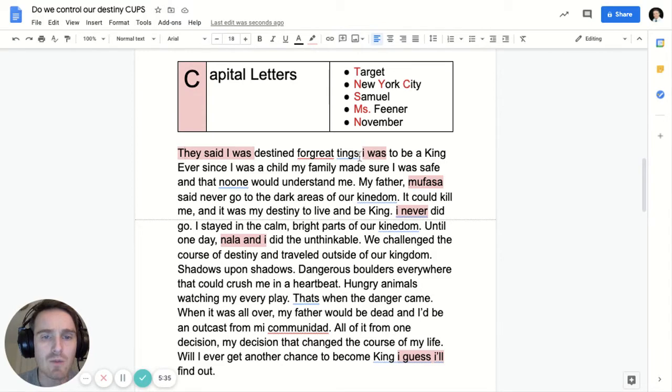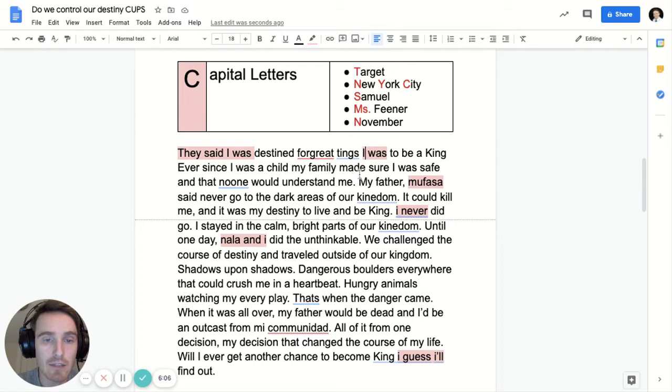Since we're only talking about capital letters here, I did highlight this because when you see the word I, it has to be a capital letter. In English, when you're writing, the correct usage of the word I, one letter, is a capital letter always. Okay.